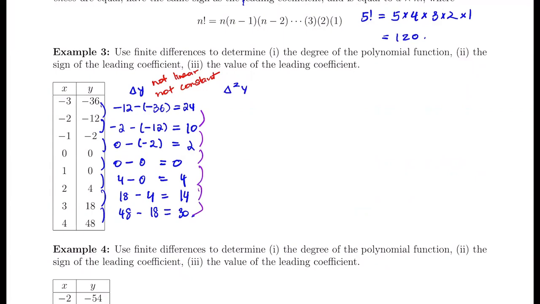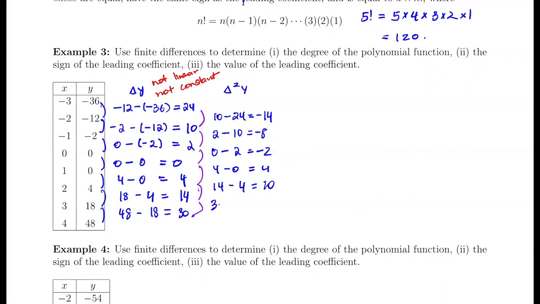From this, we would start with 10 subtract 24, which is negative 14. And then 2 minus 10, which is negative 8. 0 minus 2, which is negative 2. 4 minus 0, which is 4. 14 minus 4, which is 10.